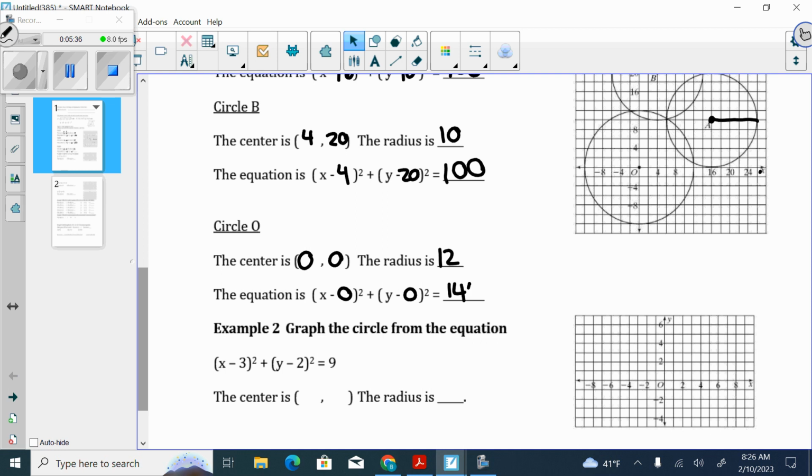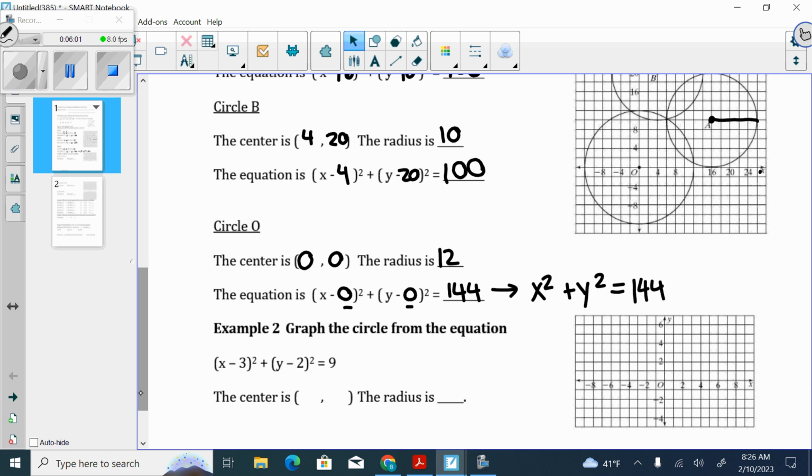Now, because these two terms with our x and y, our h and k, were zeros, you don't have to put minus 0. So typically, because these are zeros, you would see it written as x squared plus y squared equals 144, because we don't need to have the minus 0.